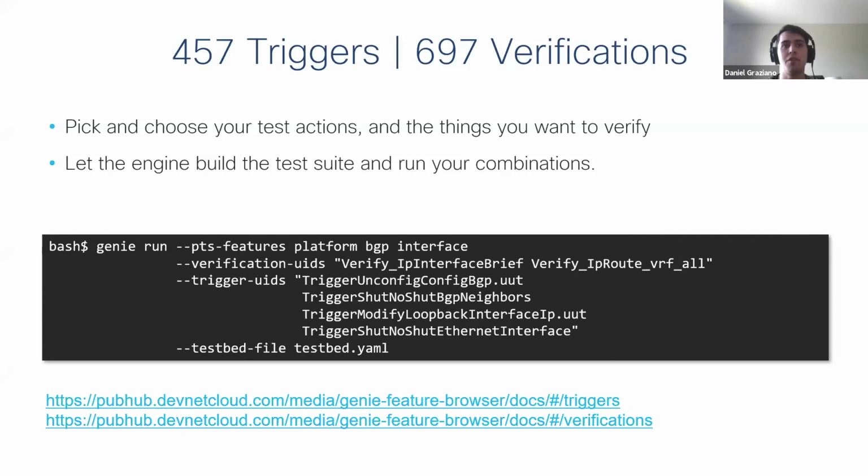Before and after all of those triggers, it's going to run verifications to ensure that the IP interface brief and IP route VRF are unaffected by these changes once they're reverted. And you can see below in our Genie feature browser, we have our list of triggers and verifications that you can search and view them all at.